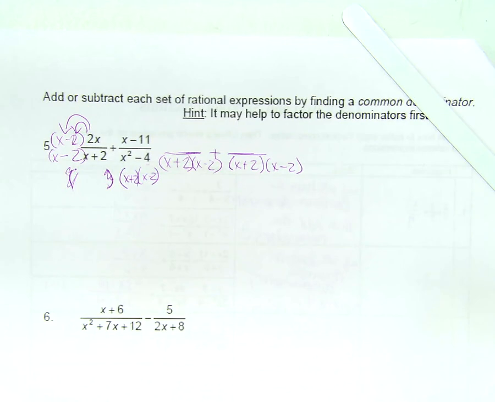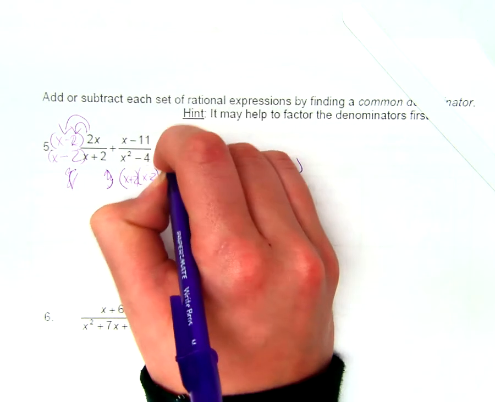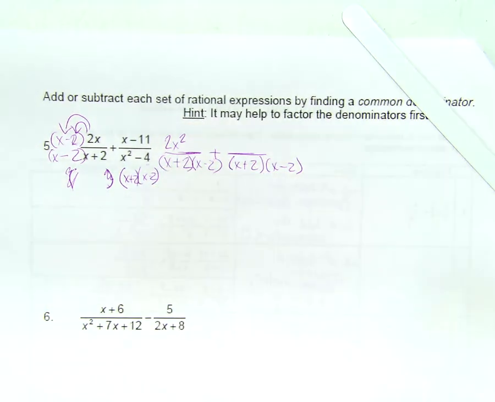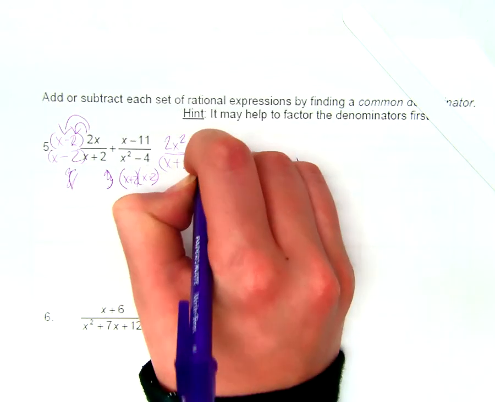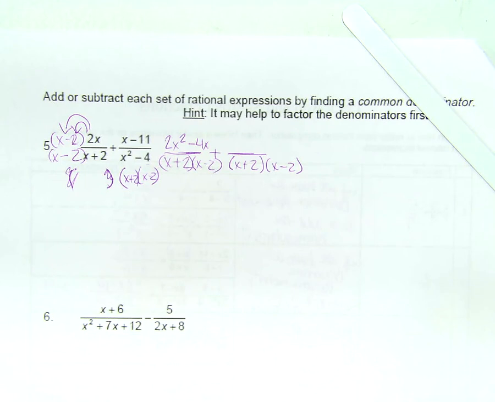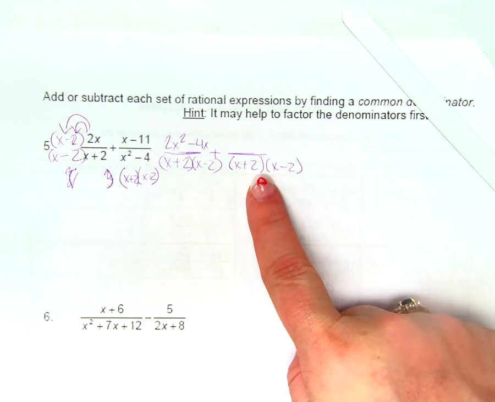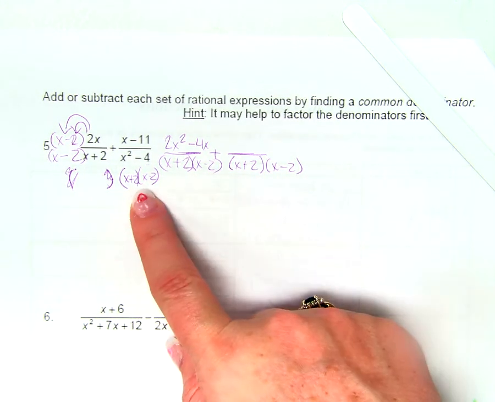So now do the multiplication. What's x times 2x? Write it. Perfect. 2x squared. What's 2x times negative 2? Yes, negative 4x. Okay. What is this one now? How is it compared to the other one?